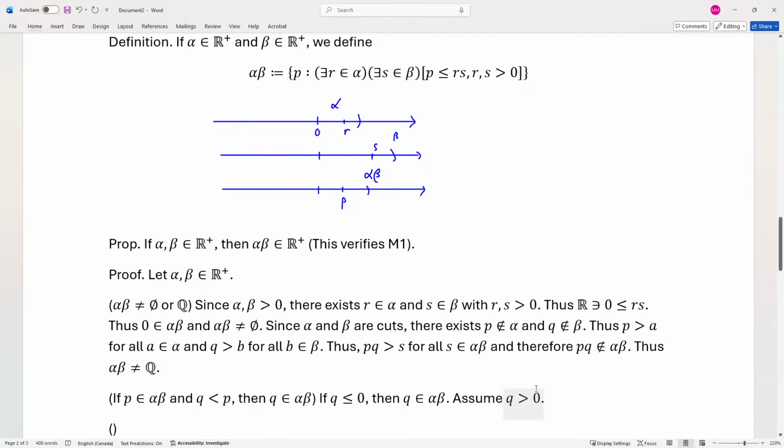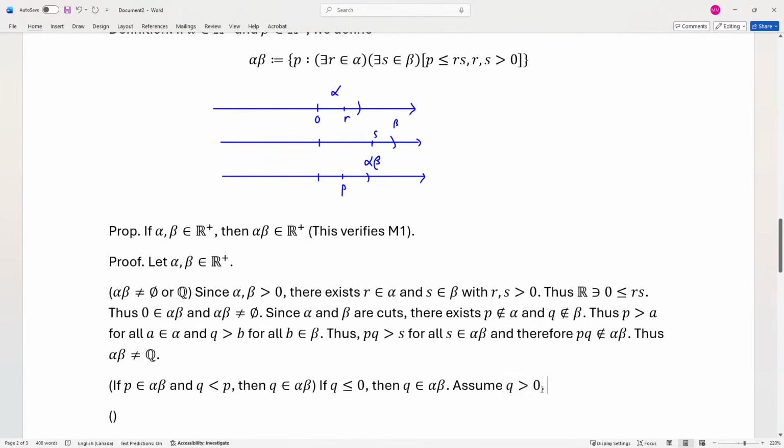So this is, again, very trivial. Assume Q is greater than 0. If P is in alpha times beta, then by the definition, P is less than or equal to R times S, for some R in alpha and S in beta.